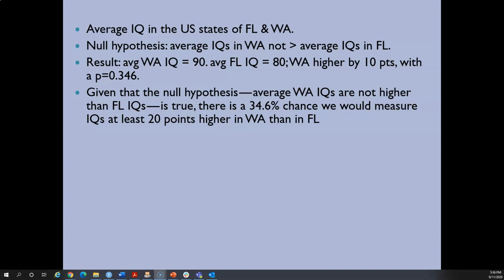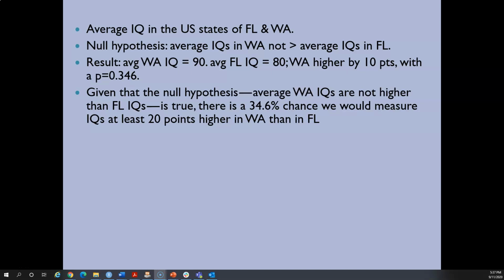So that 10-point difference, 90 minus 80, I cannot do math, is 10. That 10-point difference that you calculated in your survey is not statistically significant given this particular p-value.